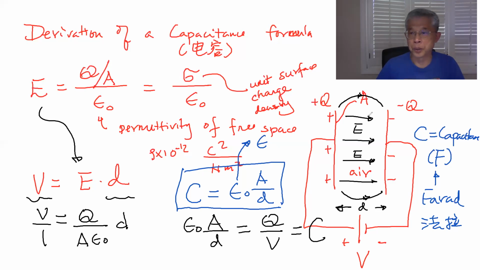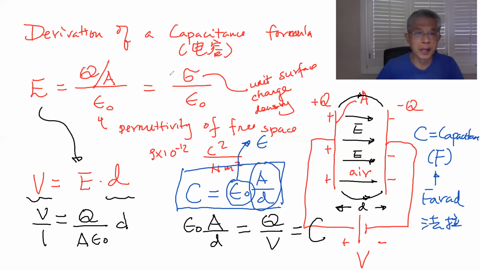So when you put different dielectrics, 电介质, into the middle, then you will see that this epsilon 0 is not the same. So your C will not be the same. So C depends on the material in between the parallel plates, the area of the parallel plate, and the spacing between the plates. So this is geometric here, and that's the material between the parallel plates.